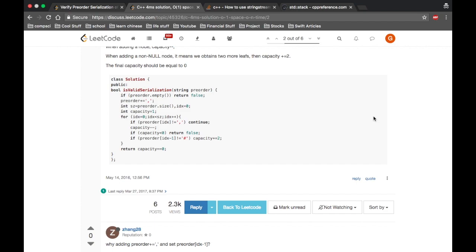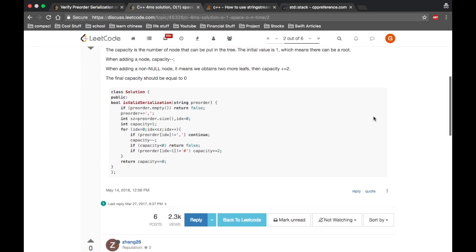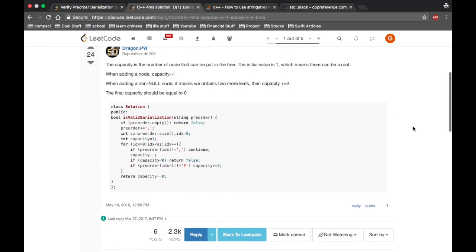So the solution's right here, but first I want to evaluate my performance yesterday. I think that yesterday I was debating between seeing if there was a way to process the string in order to solve the equation, or if I actually had to use a stack.